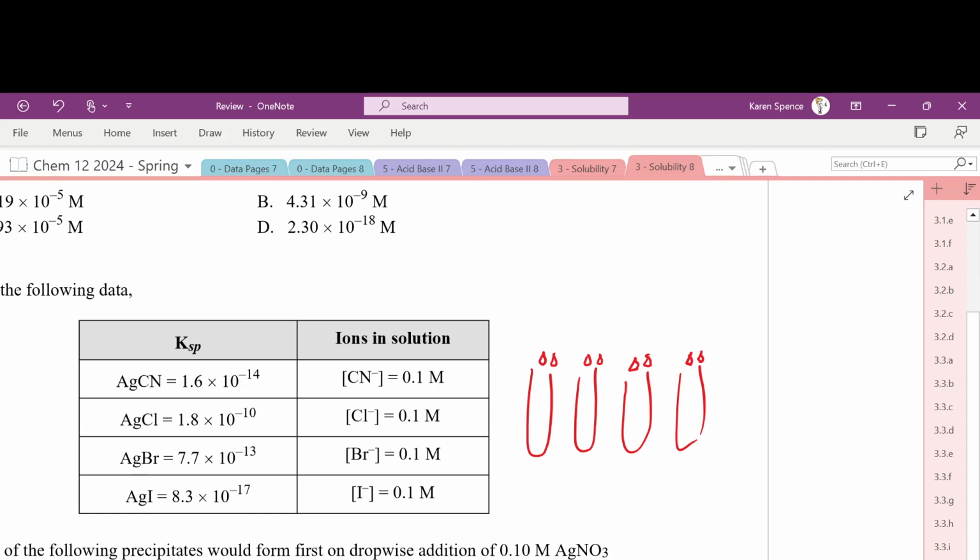They will, but you'd have to add more drops. Okay, so let's say this one forms a precipitate at 2 drops. Which one was it? Well, these are all 1-to-1 salts, yes? And which is the least soluble of those salts?